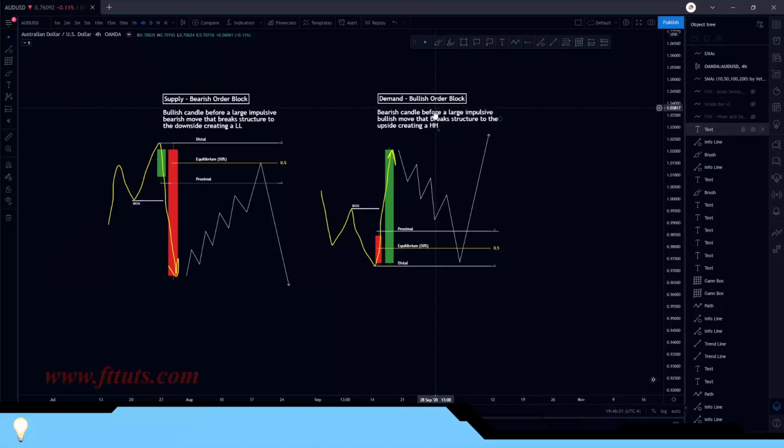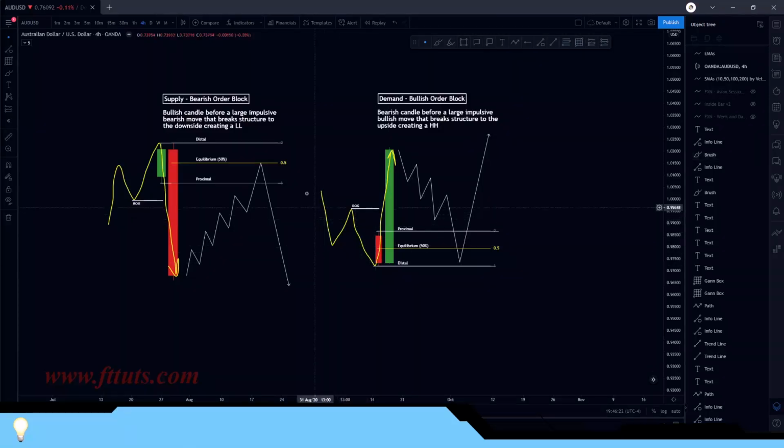Same thing with the demand area, but in this case, the proximal point is higher than the distal since we are looking to buy. And then the equilibrium is once again the 50% mark, and the distal point is the lowest point of the order block, right? The furthest or the farthest point within the order block.